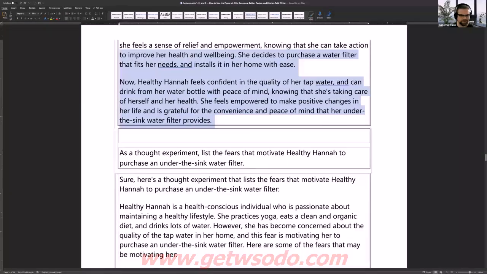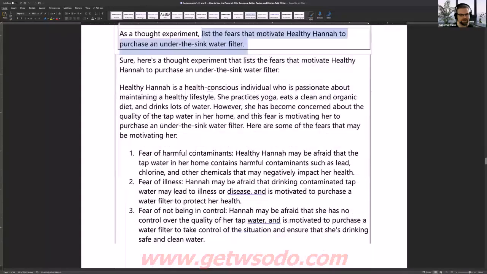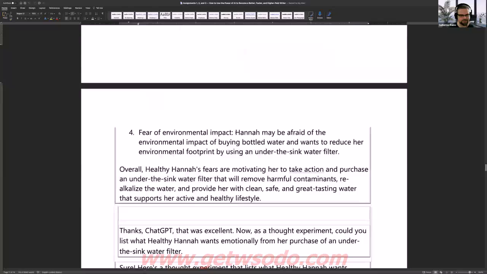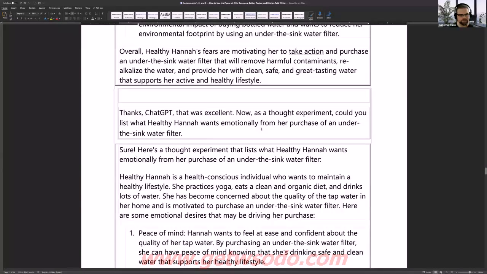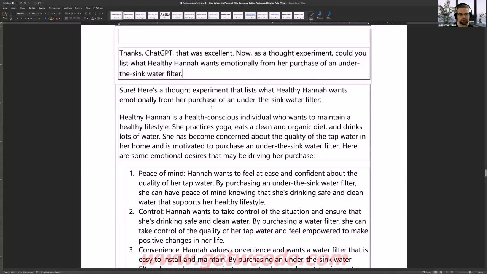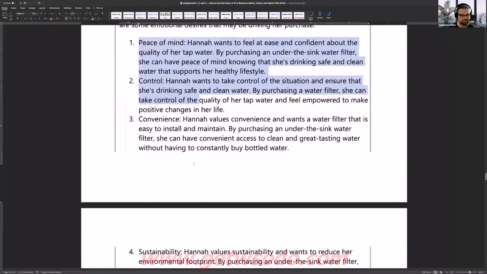I like the thinking. List the fears that motivate Hannah. So we have the fears, fear of illness, not being in control. So here's what she wants from purchasing a water filter.